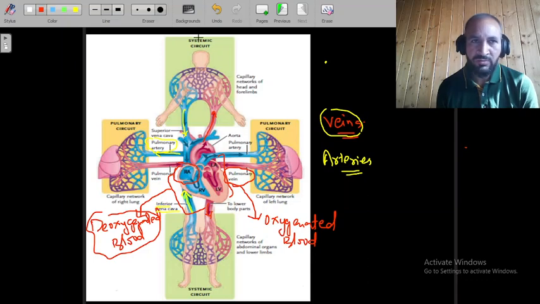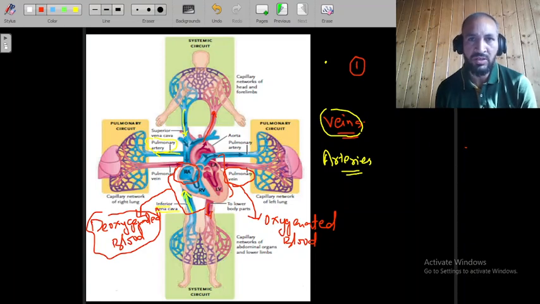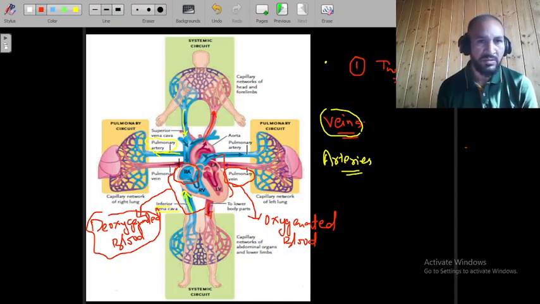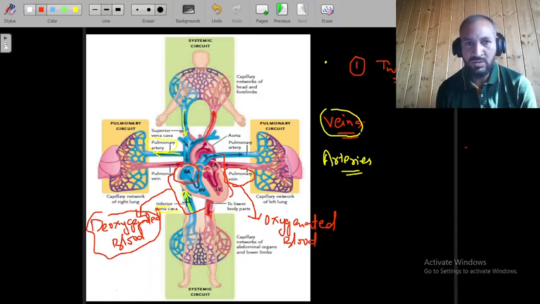Now, what we conclude from this, number one: blood comes to the heart once or twice? Once it comes to the right part of your heart when it is deficient in oxygen, when it has very little oxygen.